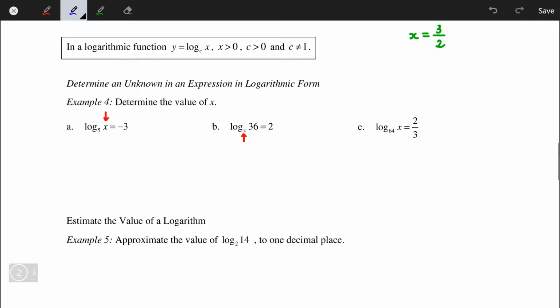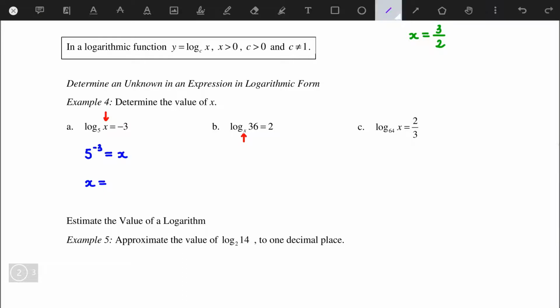We have 5 to the negative 3 power is equal to x if we were to rewrite the expression in exponential form. So x is simply equal to 1 over 125.